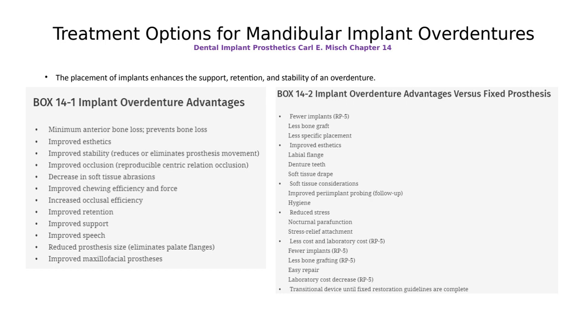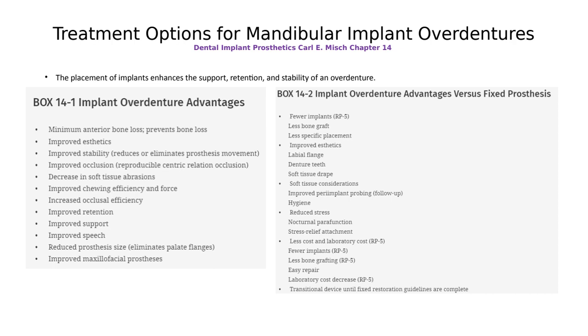It also improves occlusion. It's very easy now because the bar also gives us a stable occlusal plane, so achieving a centric relationship is much easier when the occlusal plane is well established and defined.